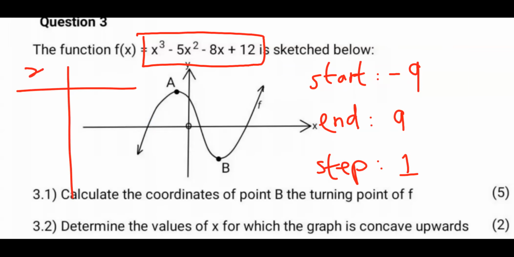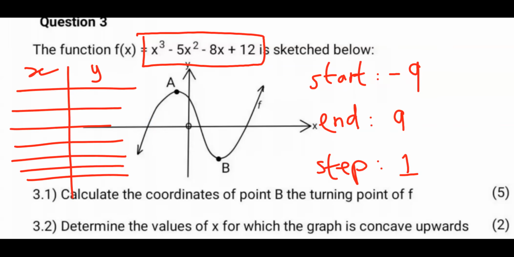You should have a table now that gives you x and y values. Remember, an x-intercept is where y is 0, so go down the table and check where y is 0. What are the values where y is 0? 6. You got 6, okay. Is that all? 12. Really? You got 12?